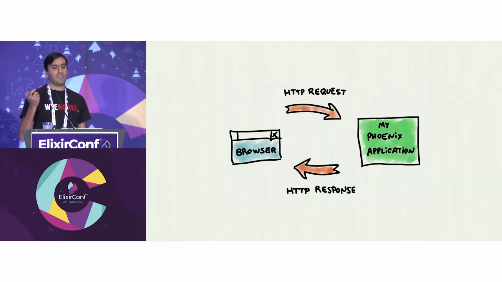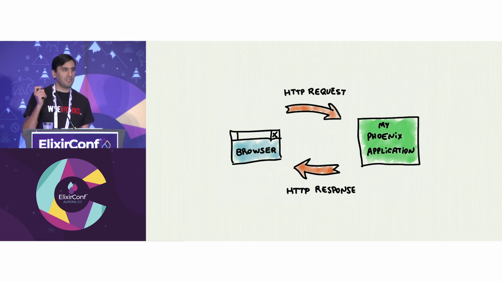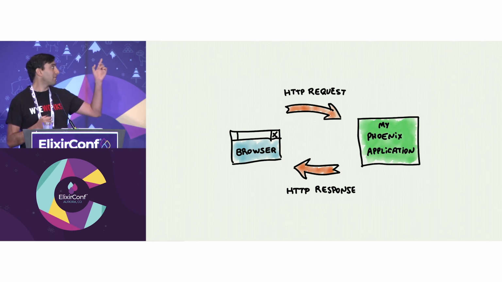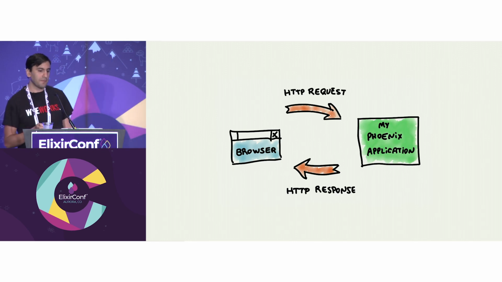So let's explore, by example, what it looks like to process an HTTP request by only using plugs. That is a good introduction, a way to understand what is going on inside the green box.